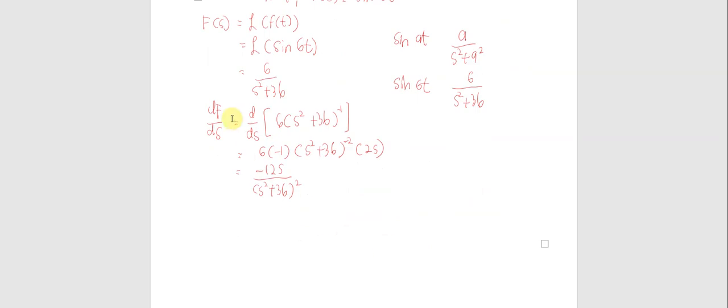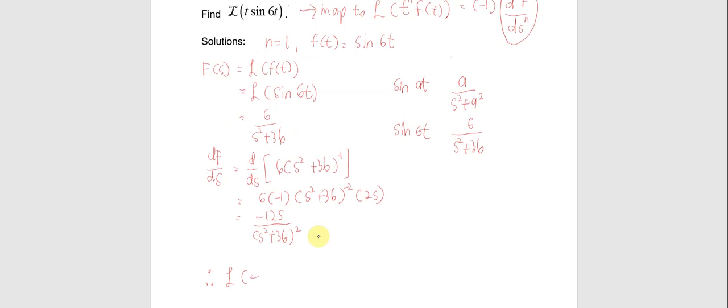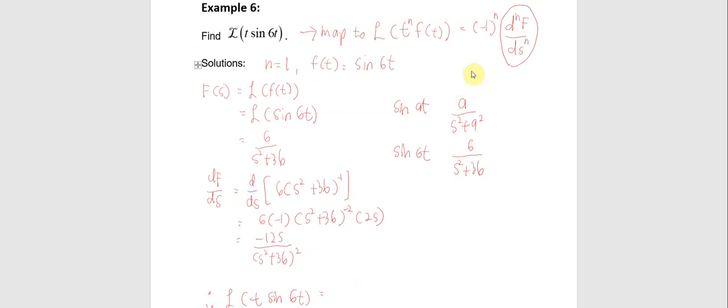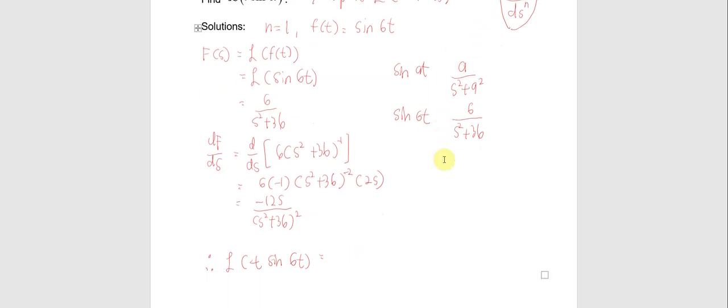Alright, so this is the derivative of F(s). The formula is (-1)^n, so (-1)^1.